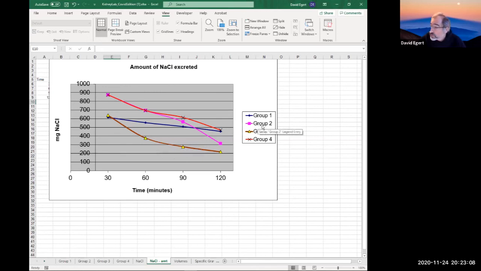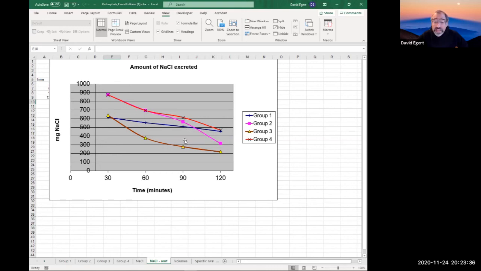If we look at group 2 compared to group 1, again, group 1 is blue, group 2 is fuchsia. We actually see that in general, the group that ate the salt tablets was peeing out more salt than the group that just had pure water. So we do see the body getting rid of salt here.